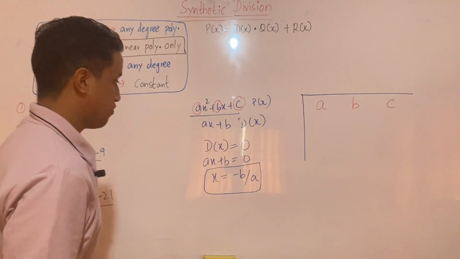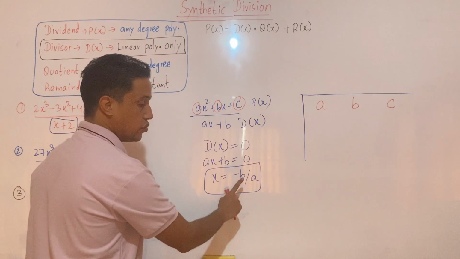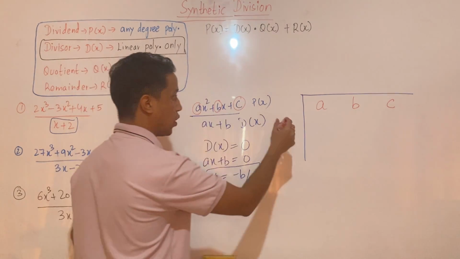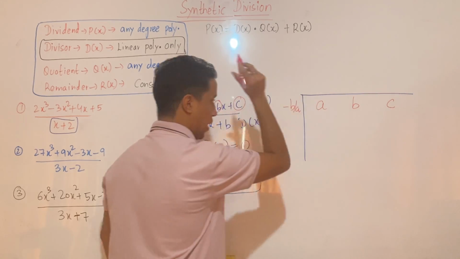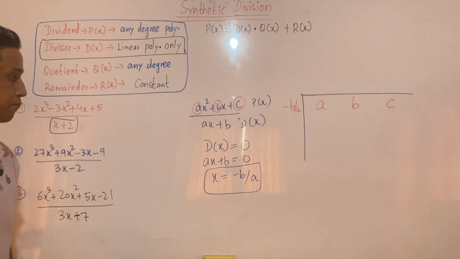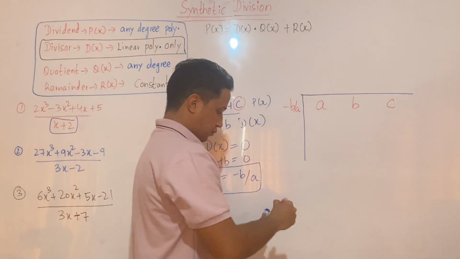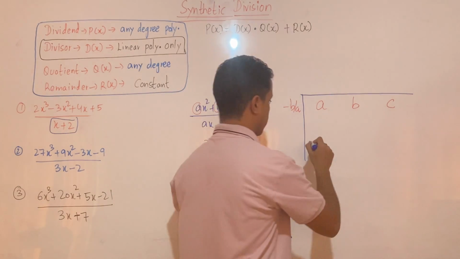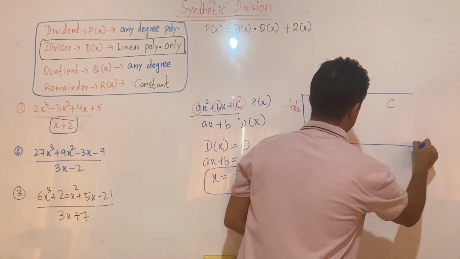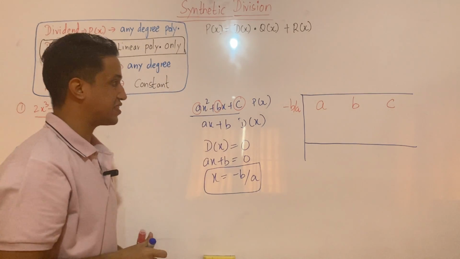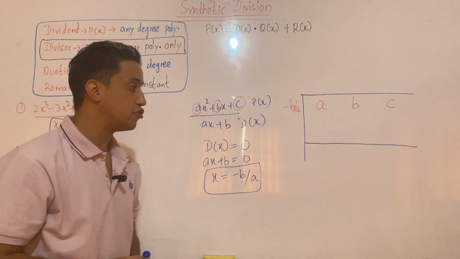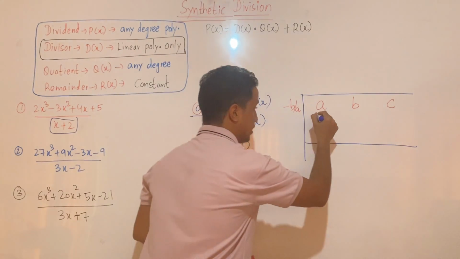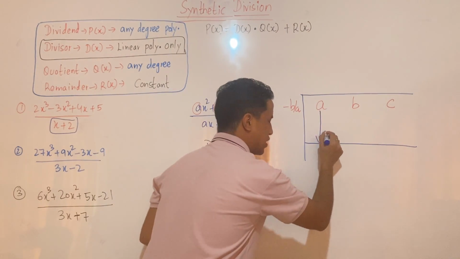Outside this I will write the value of x, which is minus b by a. My first step in performing synthetic division would be to bring this coefficient down.